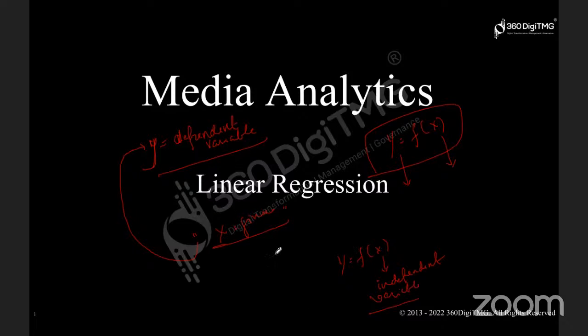If x is given to you, you can predict y. This process of predicting a new value for unseen data is called regression.